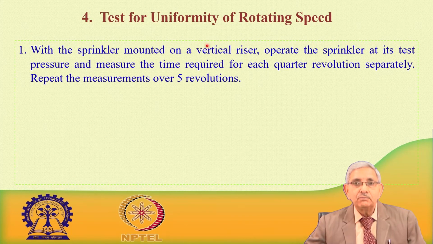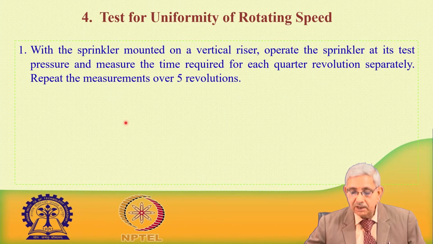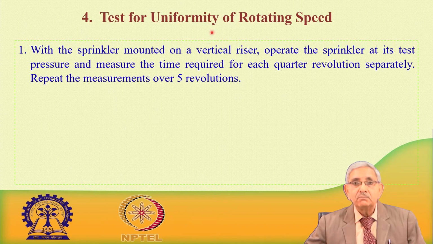Test for uniformity of rotating speed with the sprinkler mounted on a vertical riser. Operate the sprinkler at its test pressure and measure the time required for each quarter revolution separately. It could also be for one revolution, how much time it takes.